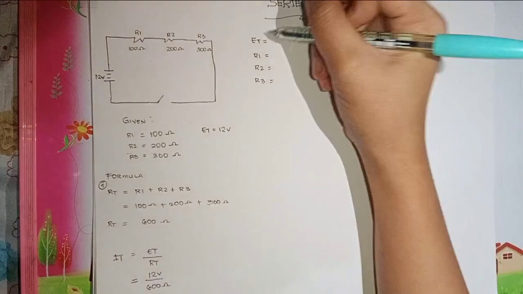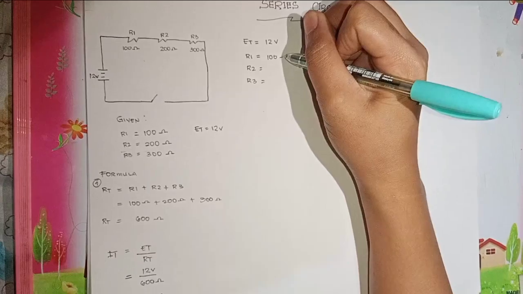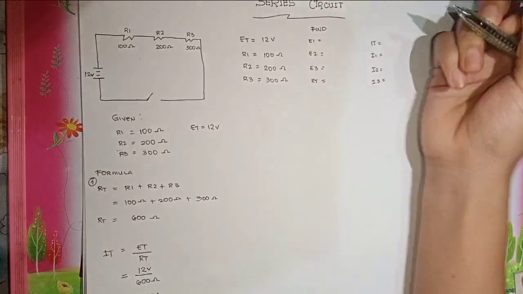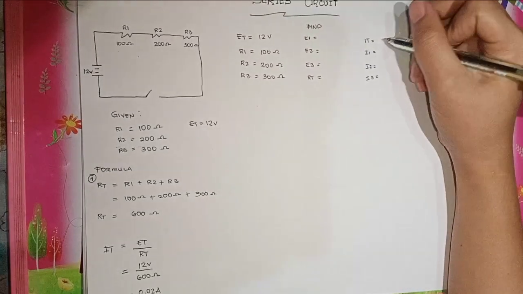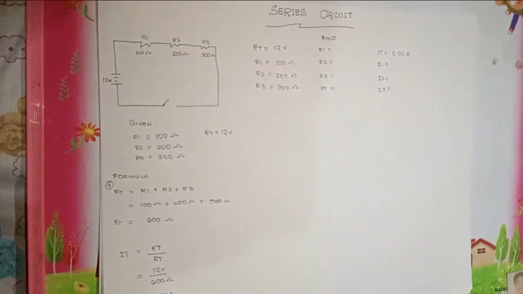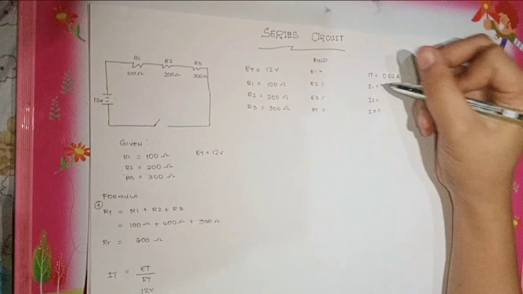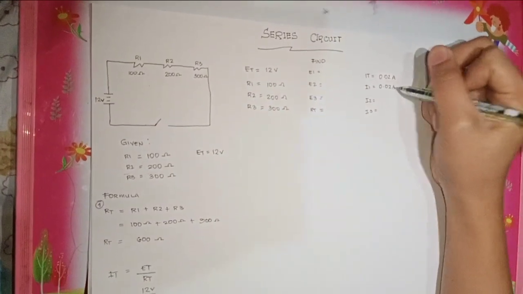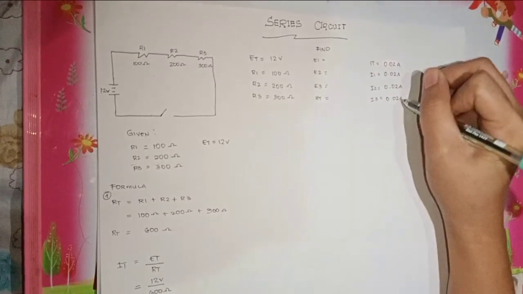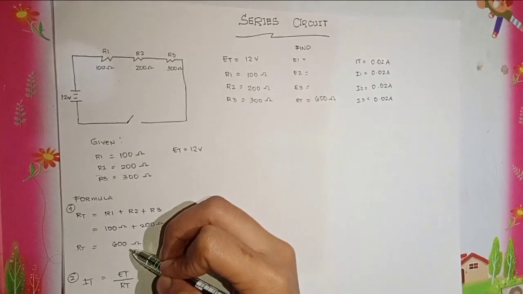So we have 12 volts, R1, 100 ohms, R2, 200 ohms, R3, 300 ohms, and the total current is 0.02 amperes. So, in a series circuit, the current flowing through each load is equal. Again, the total resistance is 600 ohms.